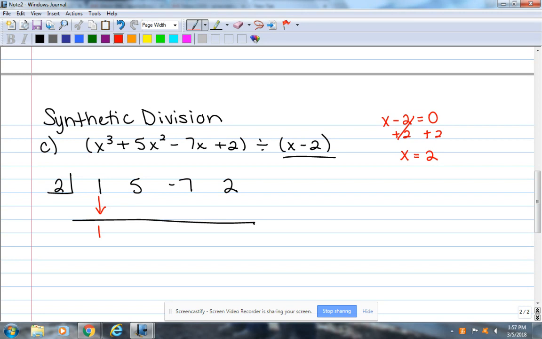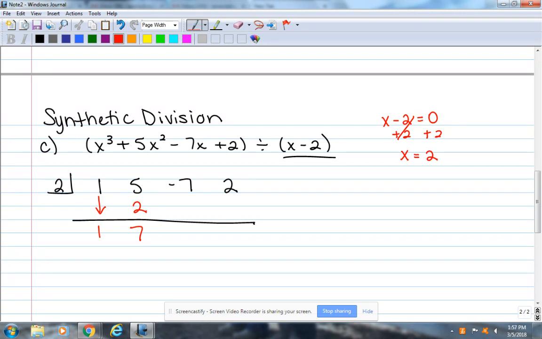So what is 2 times 1? 2. And you're going to put it right here under the 5. Then you add down. What is 5 plus 2? 7, and that goes on the bottom. Then everything on the bottom row gets multiplied by the corner. So 7 times 2 is what? Y'all got to know what 7 times 2 is. 14.